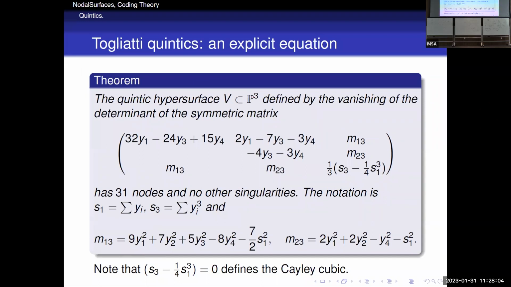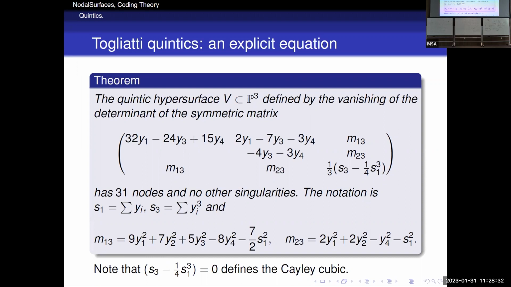You see, the first entries are linear forms, whereas M_{1,2}, M_{1,3}, M_{2,3} are quadratic forms, and in the corner to the right down, you have the Cayley cubic. And this explicit quintic has 31 nodes and no other singularities.